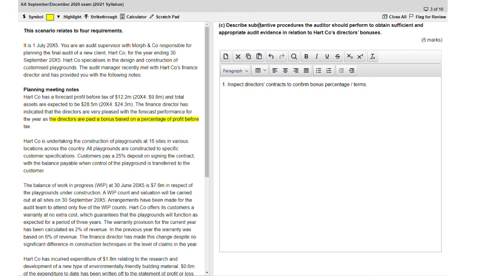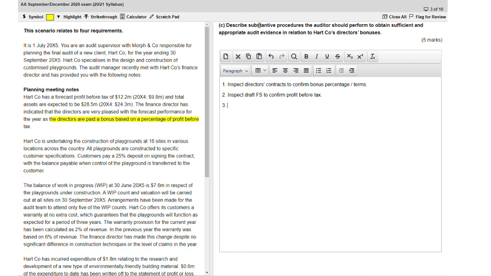Now, where else? What else? Where would we find the profit? Well, presumably, we'd find the profit in the accounts. So to inspect draft financial statements to confirm the profit before tax.